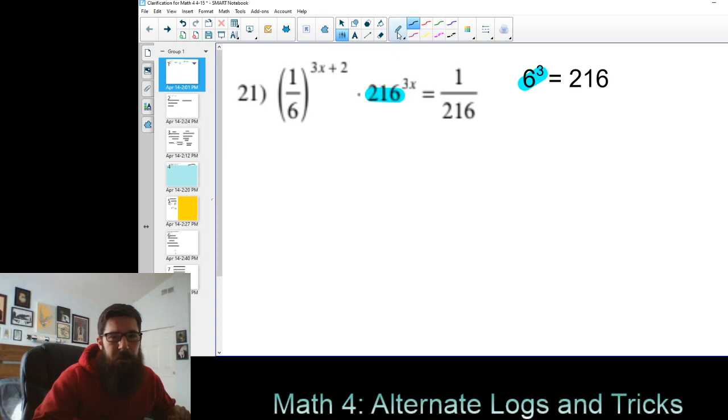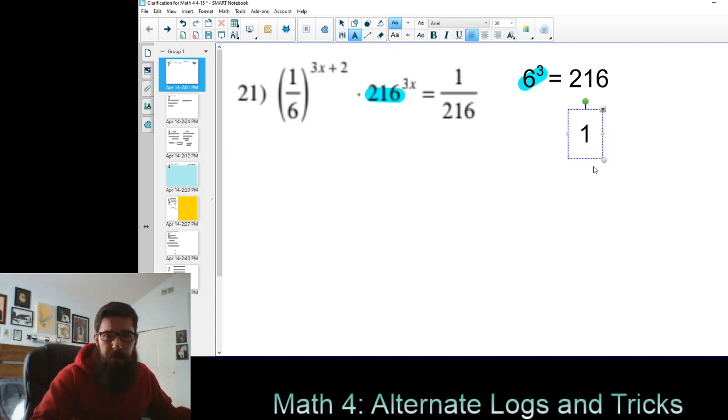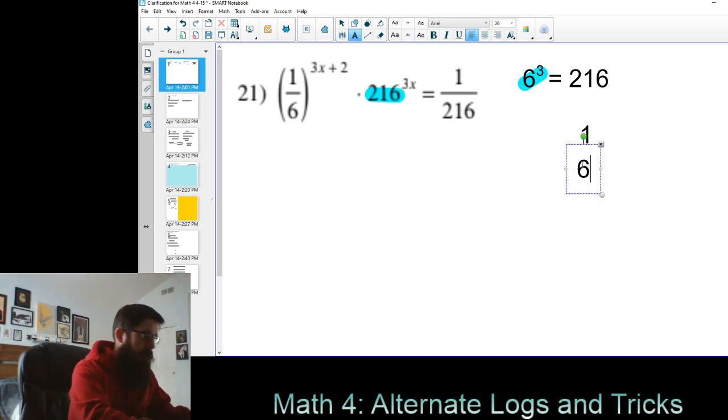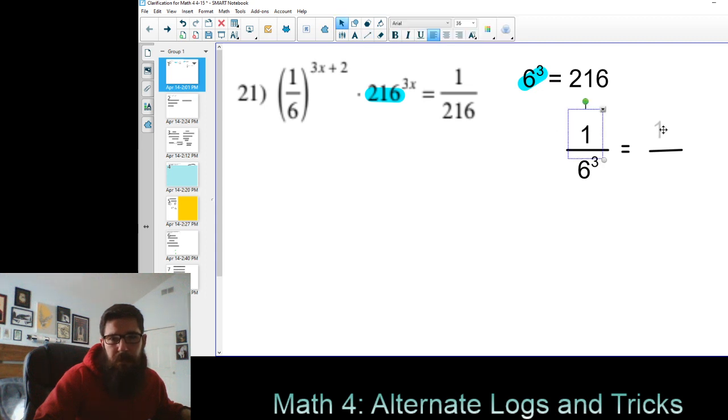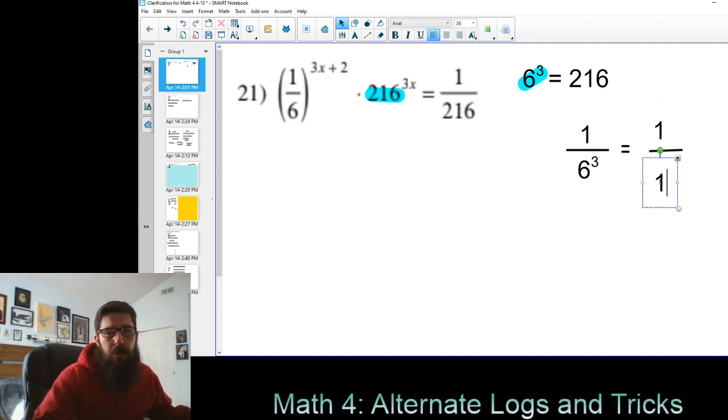Now, if I were to build on that, I'll do it in 2 steps. Think what this might be. 1 over 6 cubed is the same as 1 over 216. So how am I going to actually put that to work?